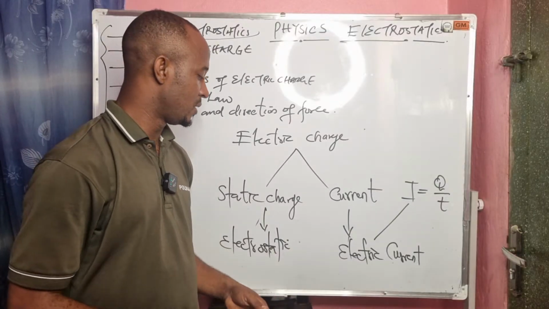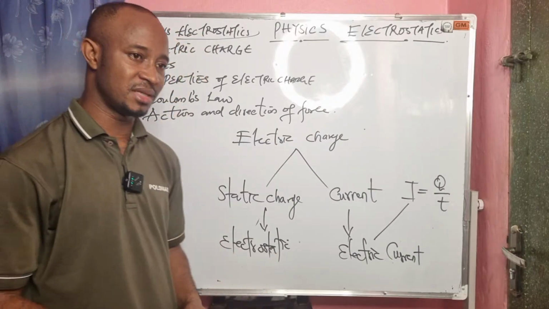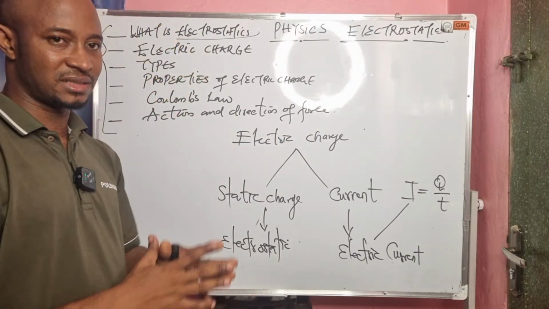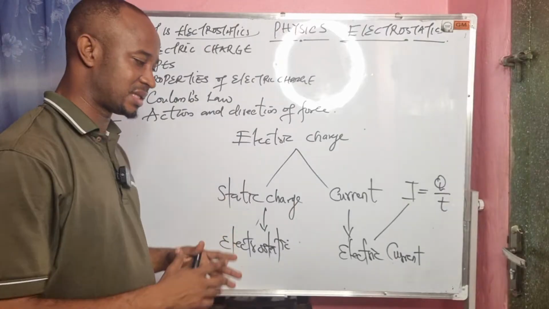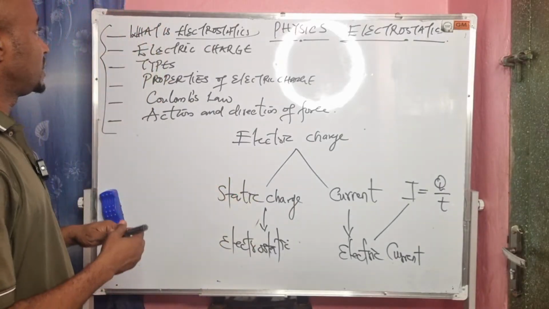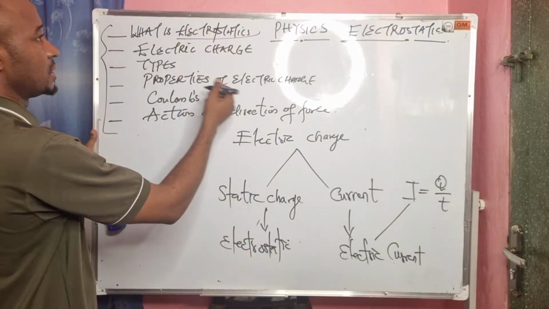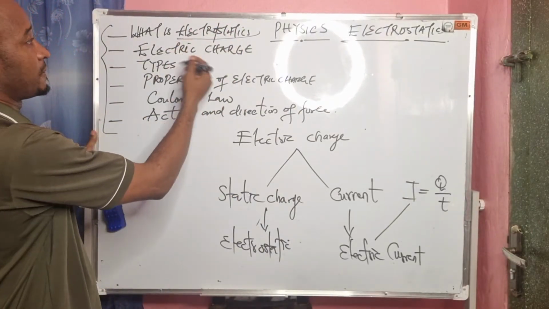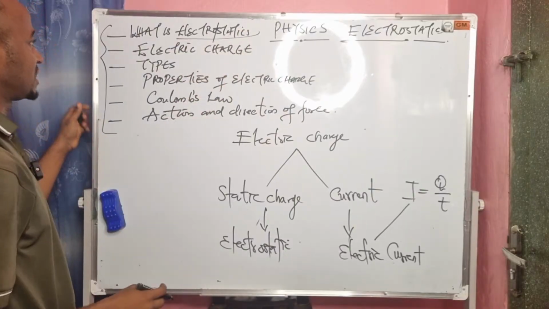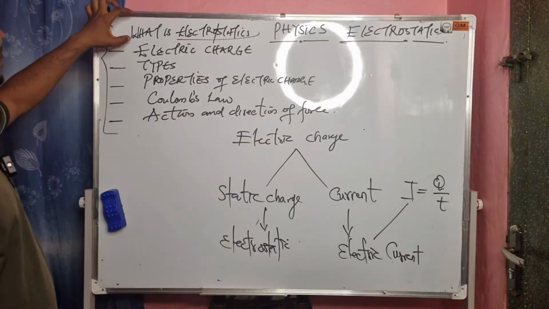But statics means the study of charges at rest. I want you guys to understand this concept. So that's where the word electrostatics comes in. Electro means electricity. Static means at rest. Now we understand what is electrostatics.